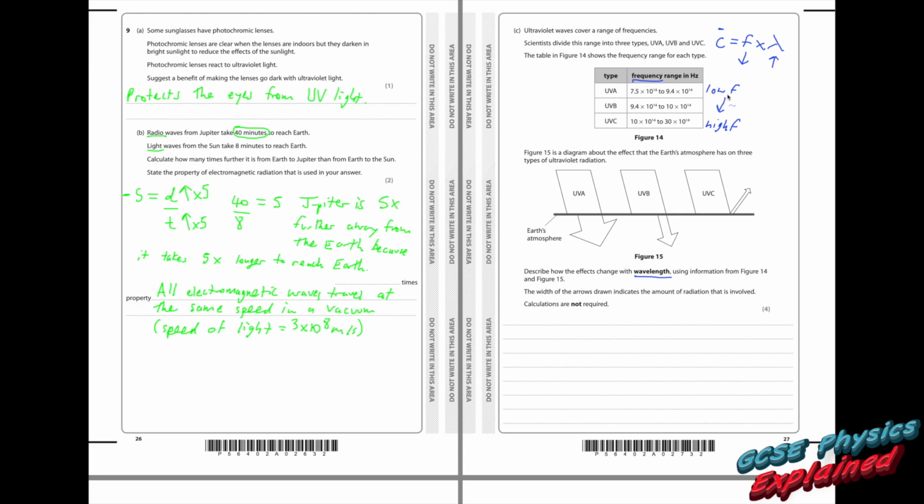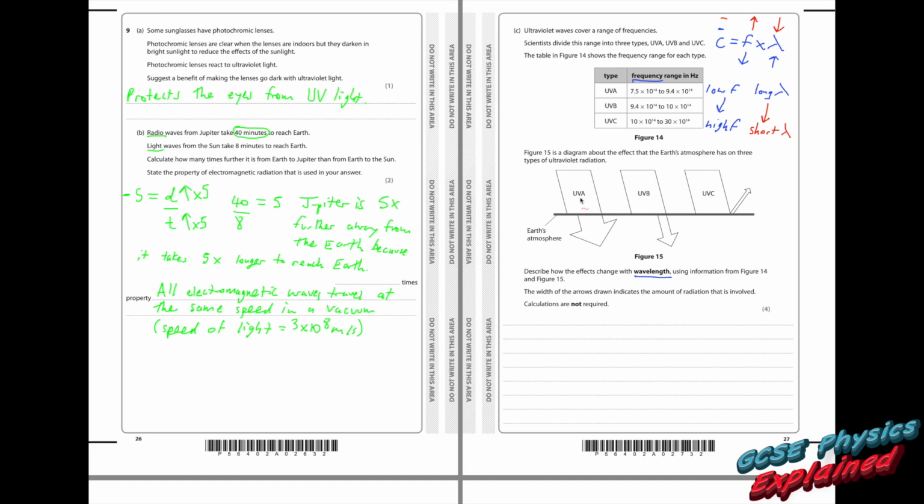So this is a small frequency, so that must mean that it's a long wavelength. And if this frequency was to get bigger, then the wavelength must get shorter in order, once again, to keep this value the same.